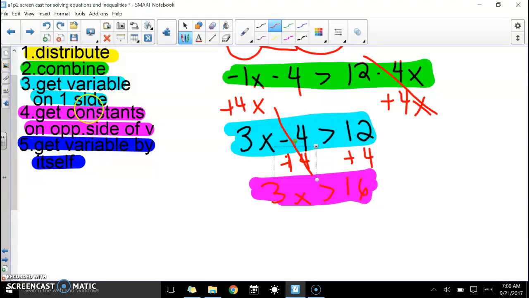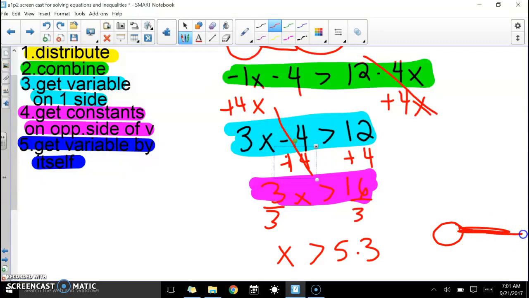Then my last step says get the variable by itself, which means I just need to divide by 3. So then I'm left with x is greater than, see, 16 divided by 3 isn't a nice number. We'll say 5.3 or so. When I do that, my dot would be open, and I would be shading to the right.